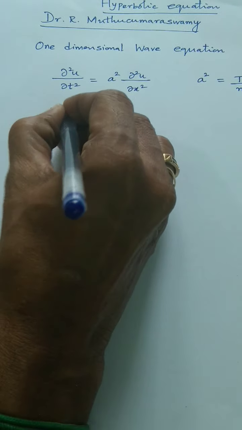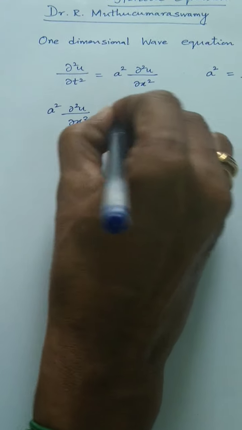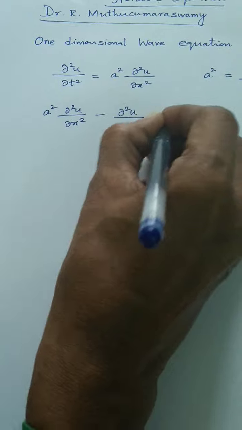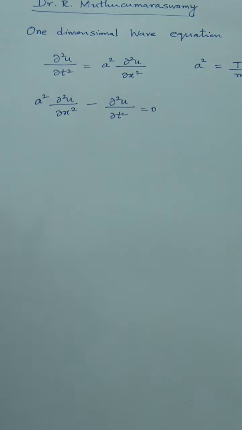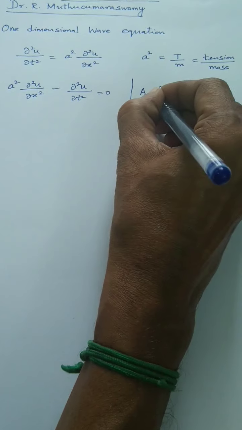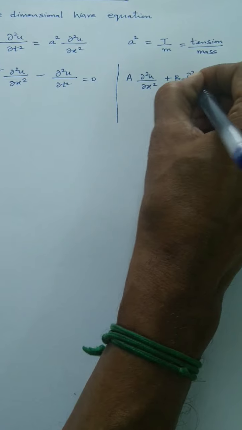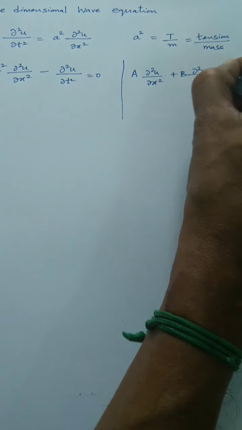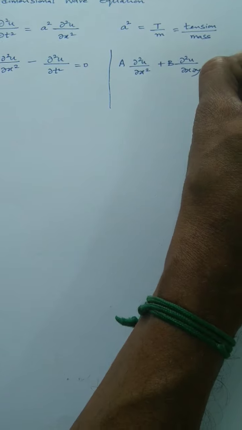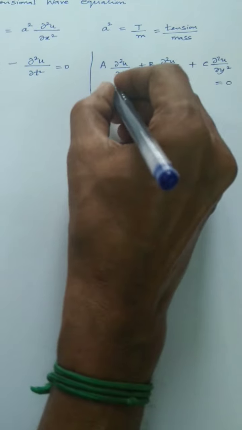Let us rewrite this equation: a² ∂²u/∂x² − ∂²u/∂t² = 0. You know how to classify? The more general form is represented as A ∂²u/∂x² + B ∂²u/∂x∂y + C ∂²u/∂y² equated to 0.